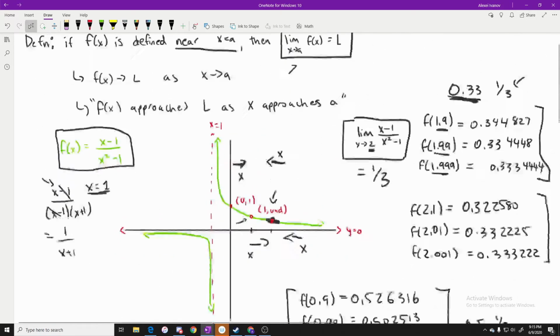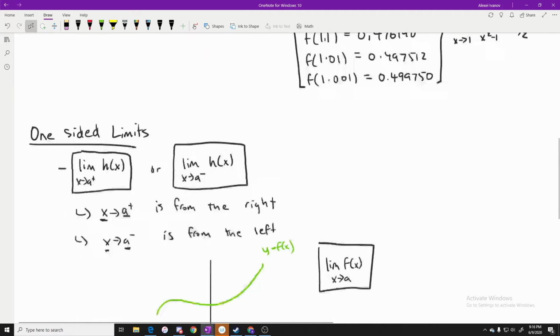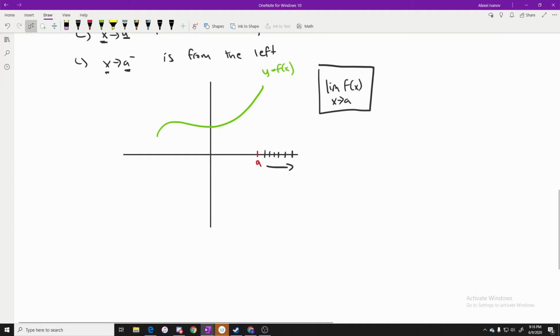It's the same thing that we've been doing here. We take values that are slightly larger than the value in question, which was x equals 2 in this example, and we slowly inch forward towards the value of x equals 2. So this is called the right-hand limit because we are coming from the right-hand side of a.